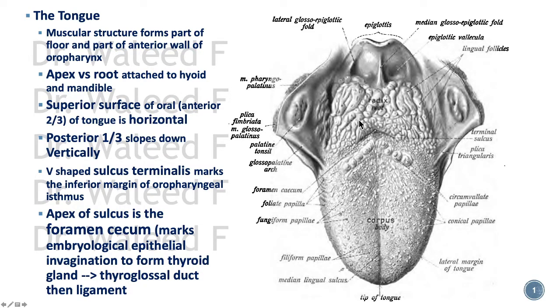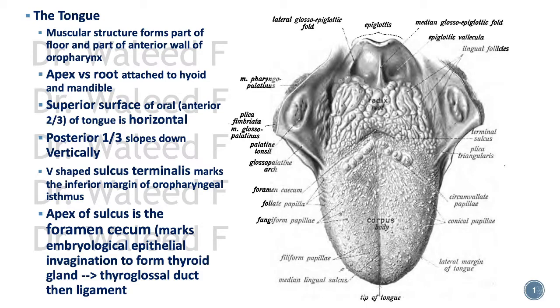A V-shaped sulcus called the sulcus terminalis separates the two parts, and at the apex of this sulcus we'll find a foramen called the foramen cecum. This foramen is due to the epithelial invagination to form the thyroid.